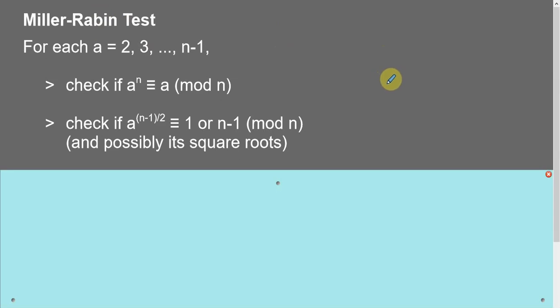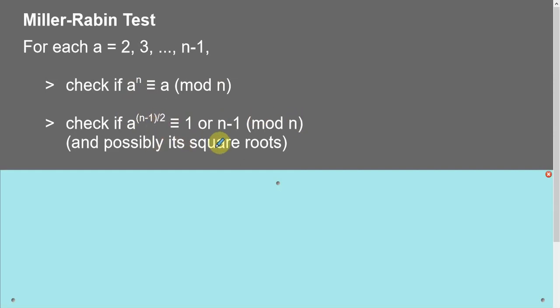This isn't something that goes back to the 1800s. And it is just what we were doing. So for each a that goes from 2 to n minus 1, first we do the Fermat little theorem test, like the Carmichael test. We see if a to the n is congruent to a mod n. And then if it passes, we stick with that a, but we do a to the n minus 1 divided by 2 and see if that is 1 or n minus 1 when we mod by n.